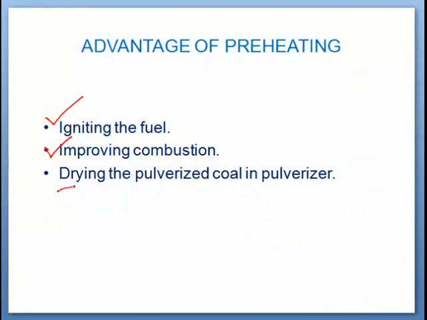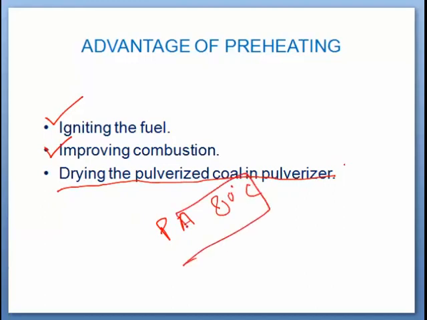And this dries the pulverized coal in the pulverizer, as generally the temperature of primary air is kept at 80 degrees centigrade. So this heated air takes out the moisture, if any, present in the pulverized coal.